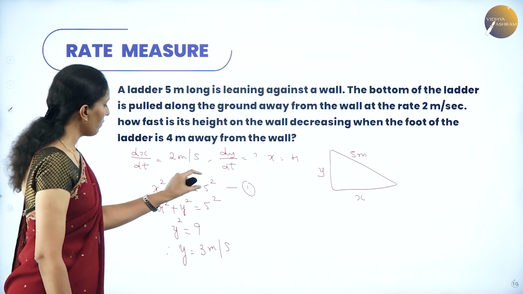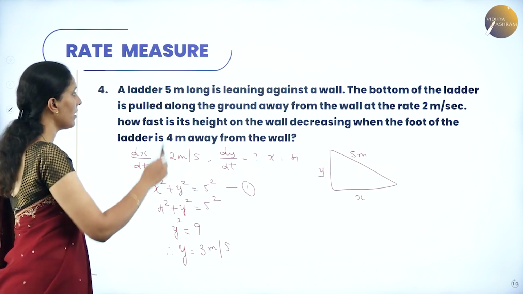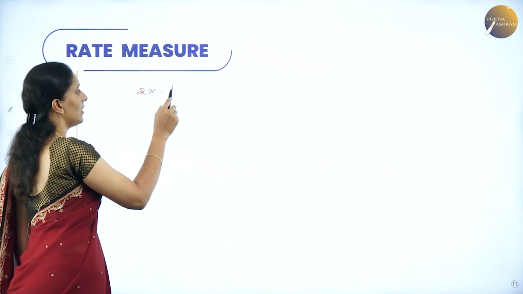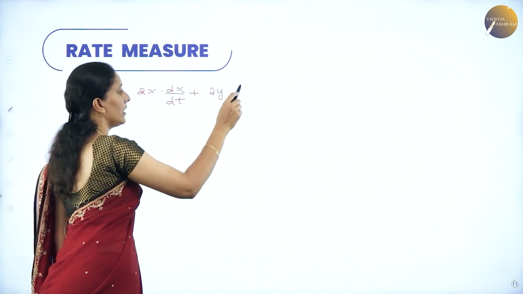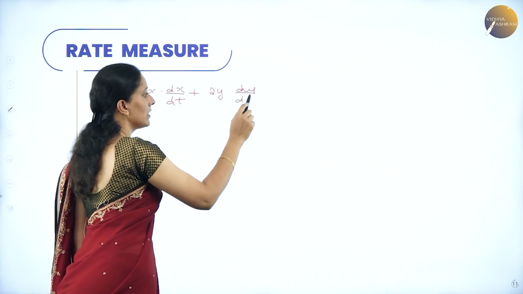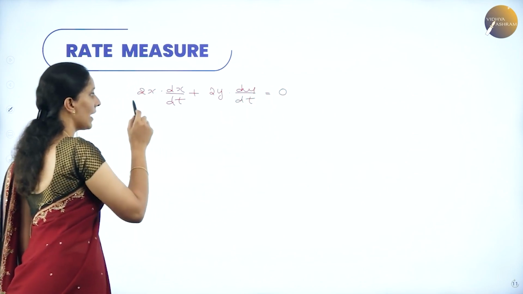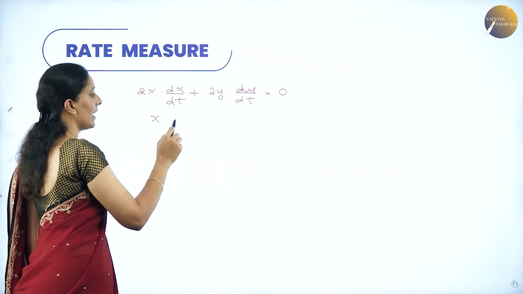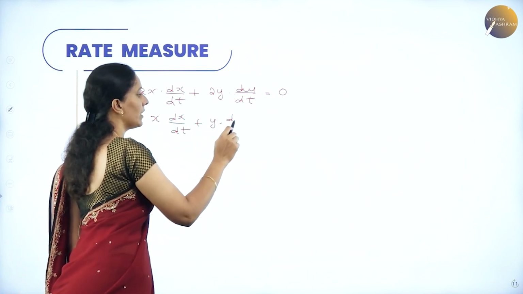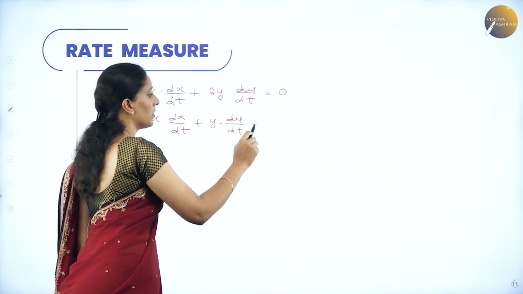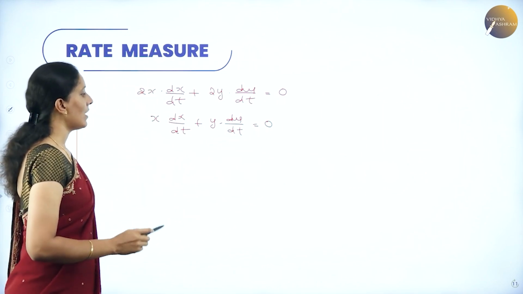Now we differentiate equation 1. We get the same 2x into dx by dt plus 2y into dy by dt is equal to 0. Again dividing by 2, we get x into dx by dt plus y into dy by dt is equal to 0. What is the value of x?